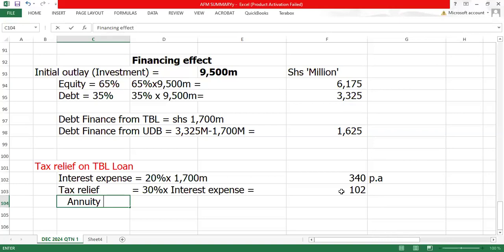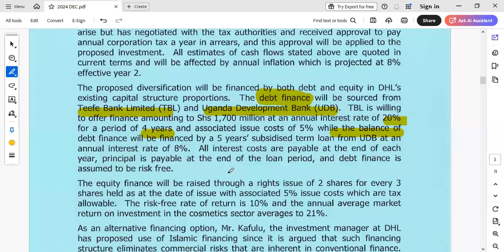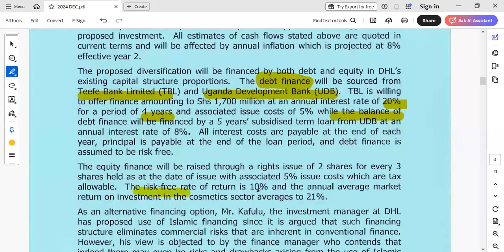Okay, so as we discount, of course, we are going to discount at what? What was our risk-free rate? We had used that somewhere. Somewhere the examiner had given it. It is 10%.